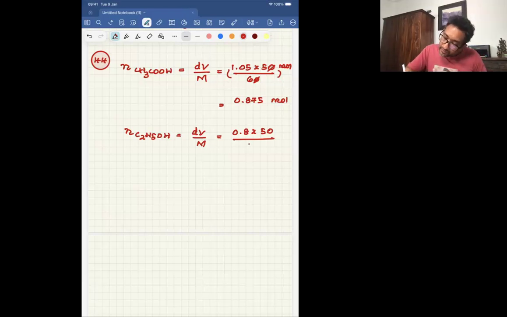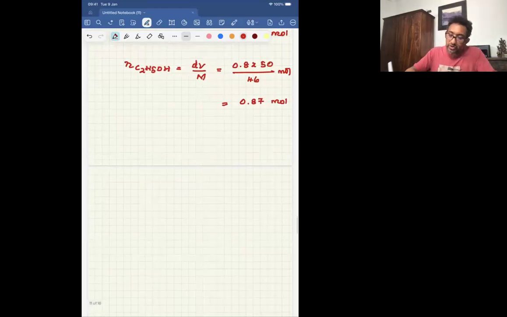So 0.8 times 50 divided by 46 is equal to 0.869, which is 0.87 moles. I have rounded that off.